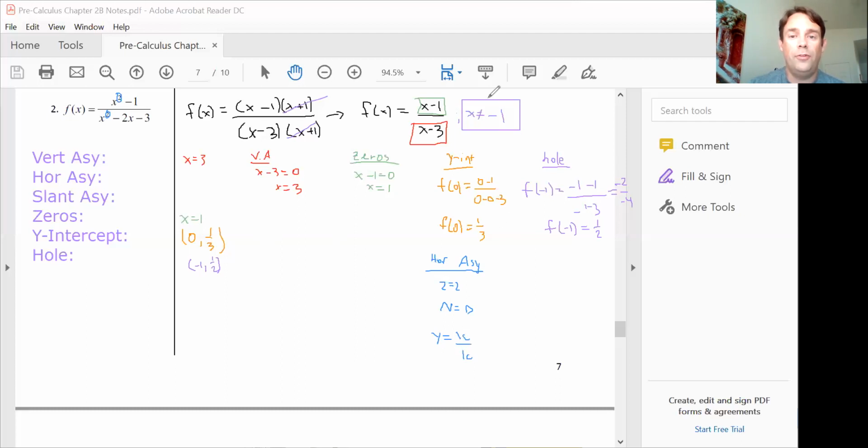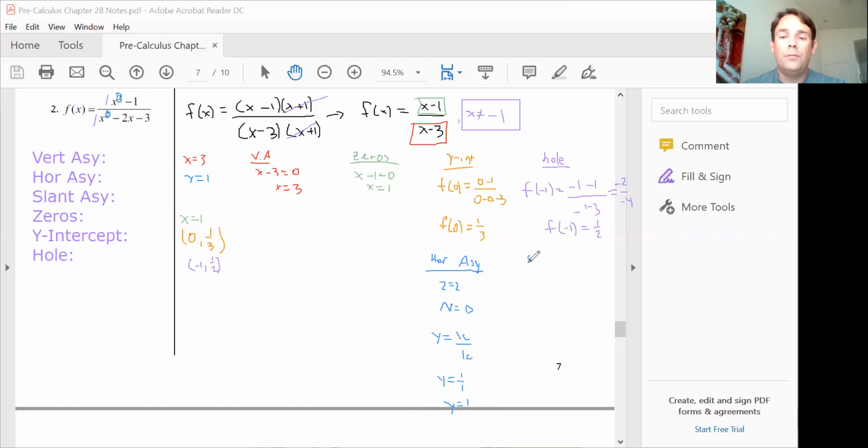So what are the leading coefficients? Well, I don't see any numbers there, so if there are no numbers, we assume it is just 1. So my leading coefficient is 1 over 1, which is then 1. So I'm going to have a horizontal asymptote at y equals 1. And remember, this only exists as our graph goes out to negative infinity or positive infinity. But I only have one vertical asymptote, so it's going to be fine.